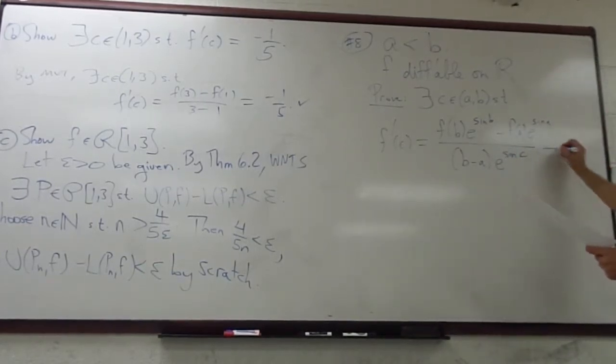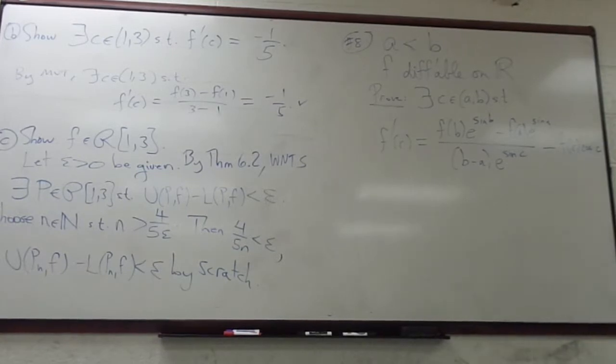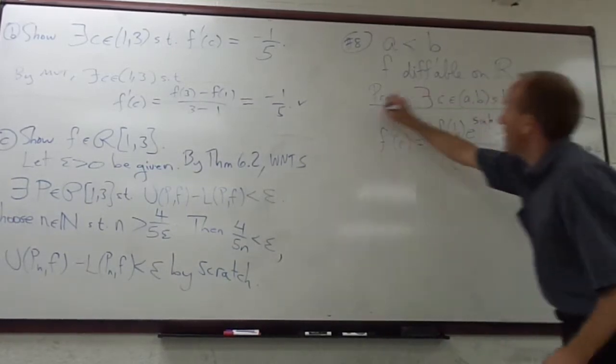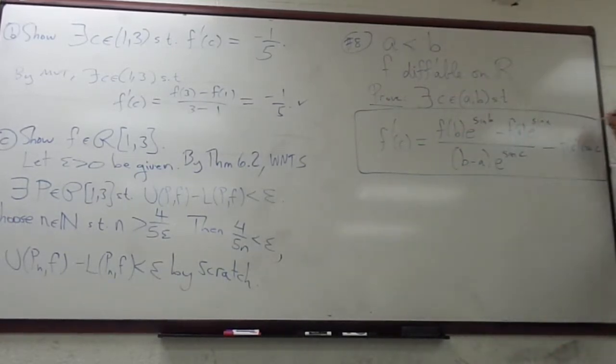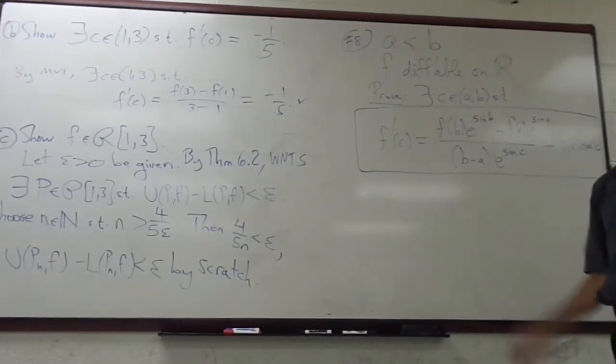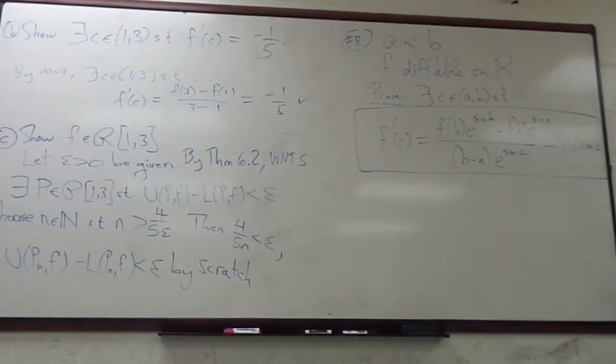Right? And then minus, somehow you have this subtracted term, f of c times the cosine of c. Okay, so it's a fairly messy looking thing that we're proving here, and we don't even know where c is. It's just somewhere in the interval (a, b), but we aren't actually finding it to begin with.